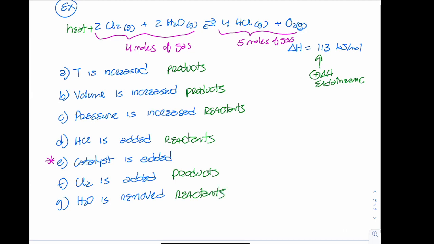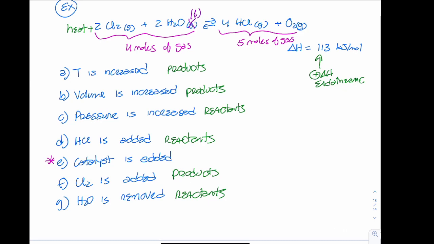Again, watch out for this. I'm going to change it, but I'll put it back, right? If water was a liquid, right? If water was not a gas or an aqueous solution, if it was a liquid or a solid, I would actually say no change, right? Remember, solids and liquids are not part of my equilibrium constant expression, right? We're looking for that ratio to be the same, but if it's a liquid or a solid, it's not part of that ratio.